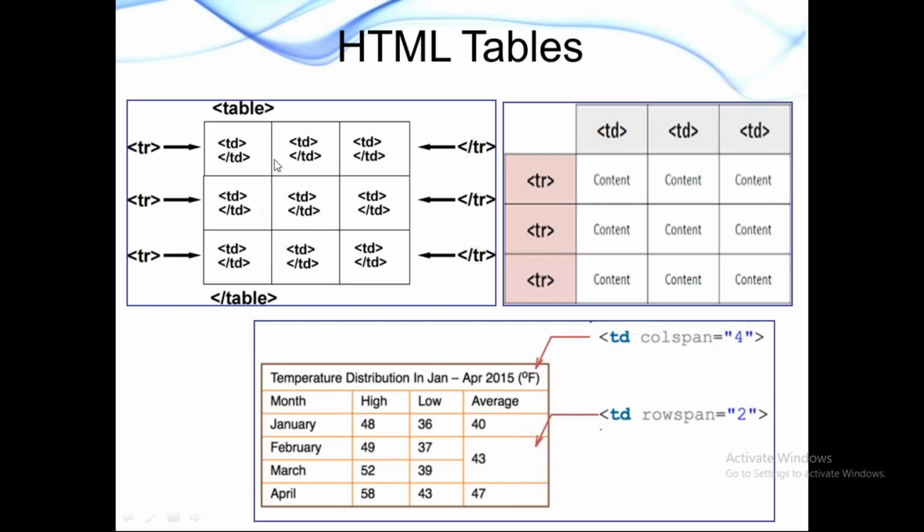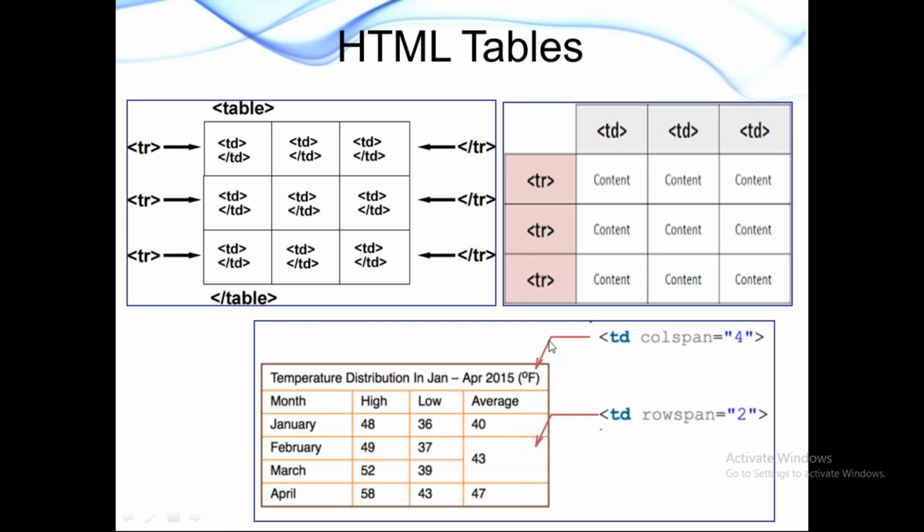So you have the HTML table tag to create a table, and then you have the TR, that is a table row, and then TD, table data. Then you also have a tag called TH, that is for giving column headings.